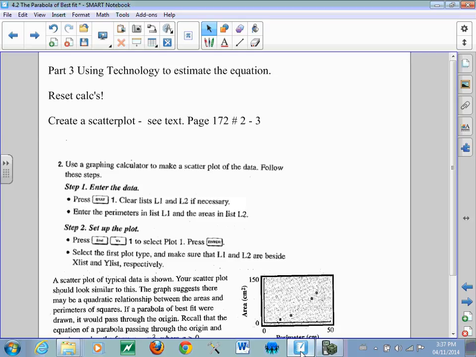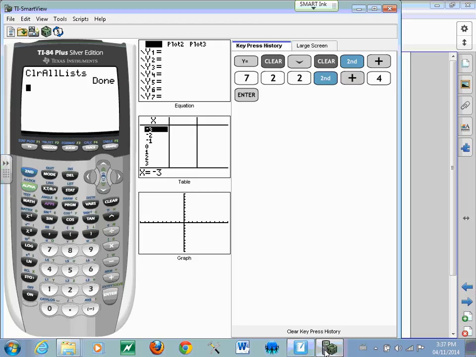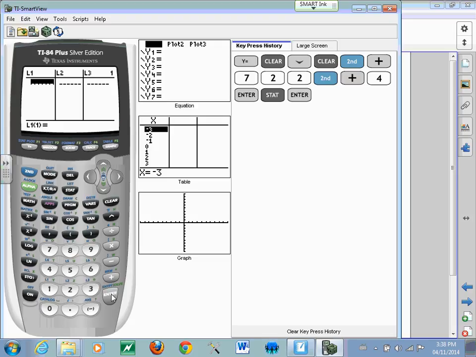Okay, now we're going to do part 2, which is use a graphing calculator to make a scatter plot. So follow the steps. We're going to enter the data into stat and enter. I'm going to press stat, and I'm going to press enter. And under L1, ladies and gentlemen, we're going to put all of our perimeters.